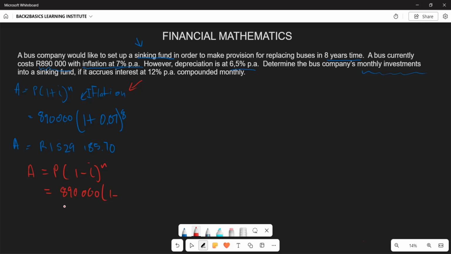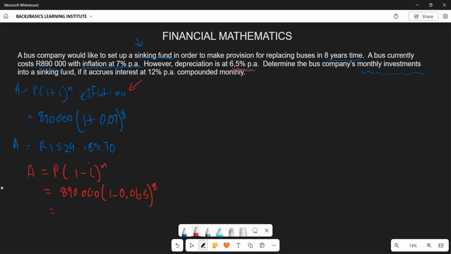The interest for the depreciation was 6.5%, which is 0.065, to the power of 8, because this is after the duration of 8 years.